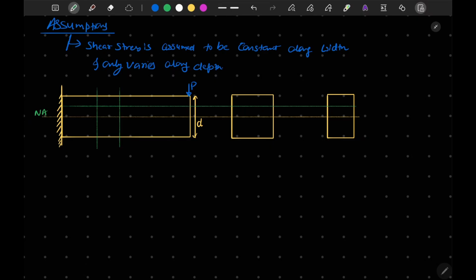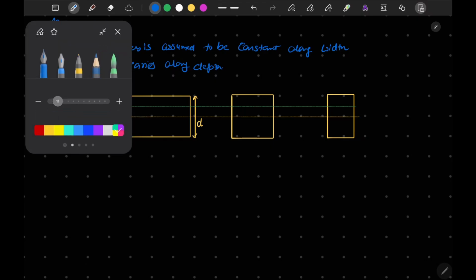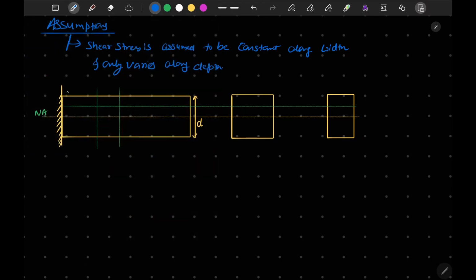Or for better, let's remove the load P, and I will apply some UDL. Let's say there is some UDL acting.